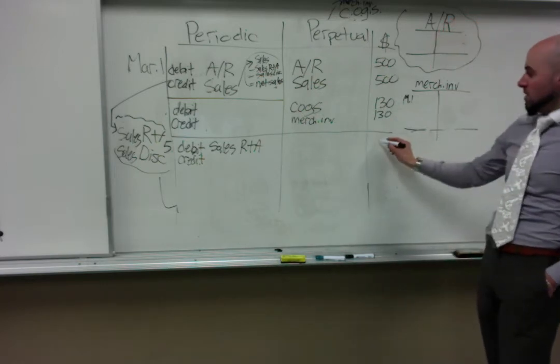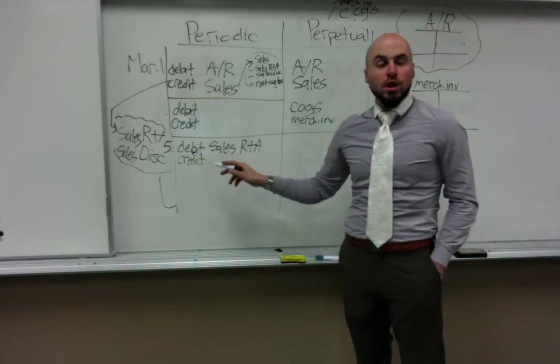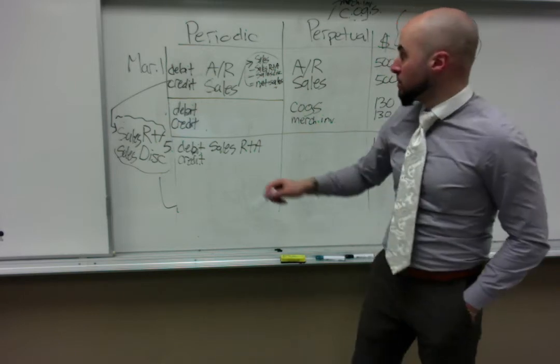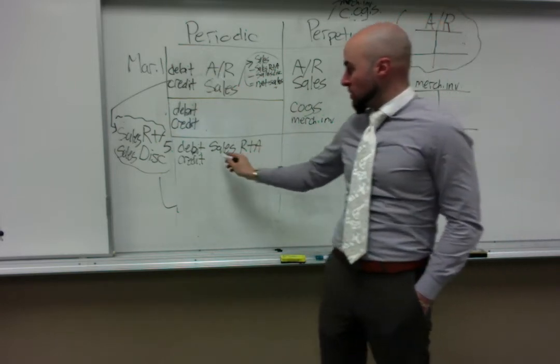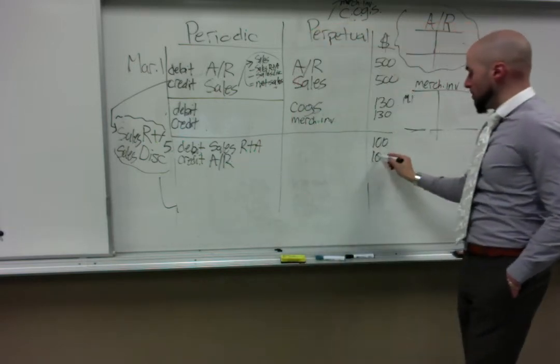Debit, sales, returns, and allowances, 100. What are you expecting $100 less of? Accounts receivable. So accounts receivable will be credited here for the same 100.